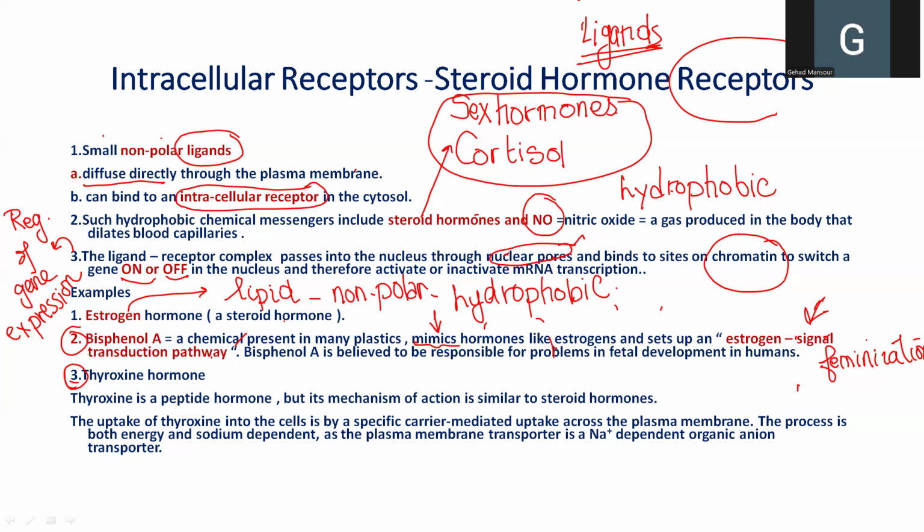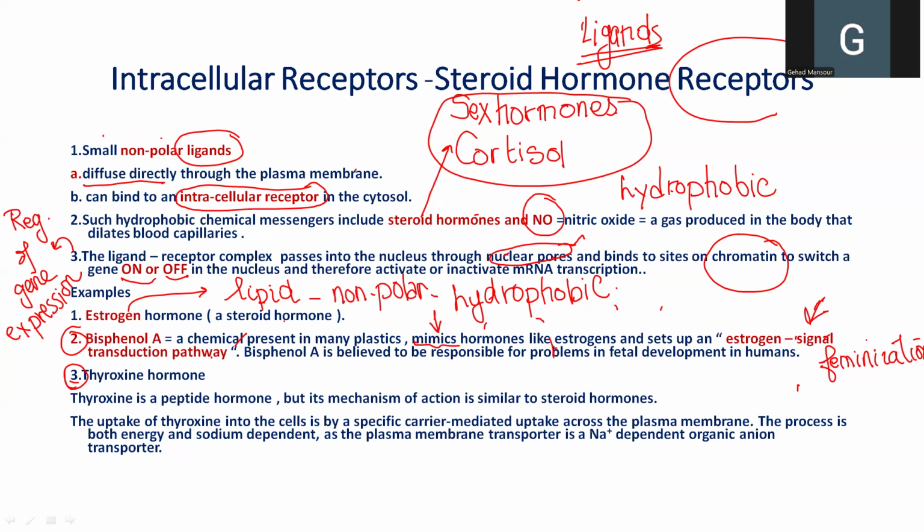The third example is thyroxine. Thyroxine hormone acts like steroid hormones, although it's not a steroid hormone. It is a peptide hormone, but it has a mechanism of action that is similar to that of the steroid hormone. So there is uptake of thyroxine.